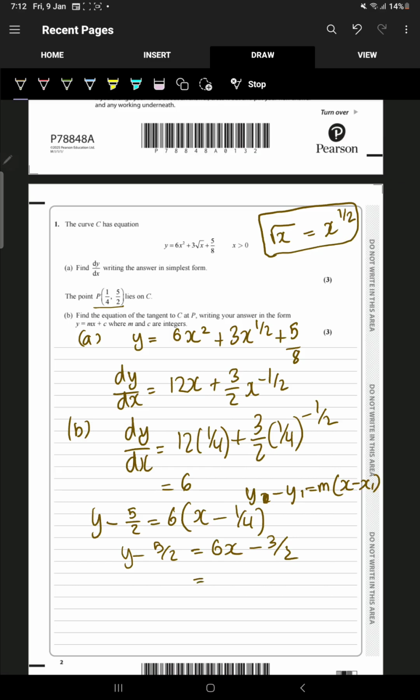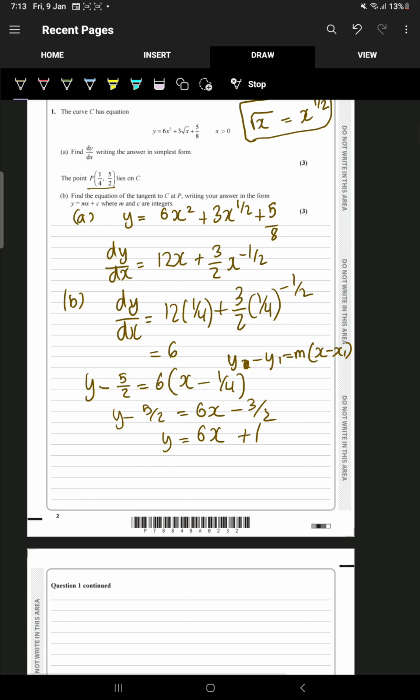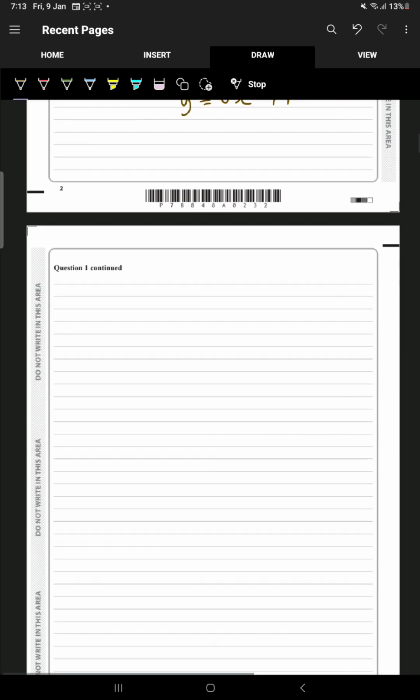Now you take 5 over 2 to the other side, so that is going to give us 1. So y is going to be 6x plus 1. And if we substitute x as 1 over 4 into 6x plus 1, it is going to give us 5 over 2. And that's the answer here.